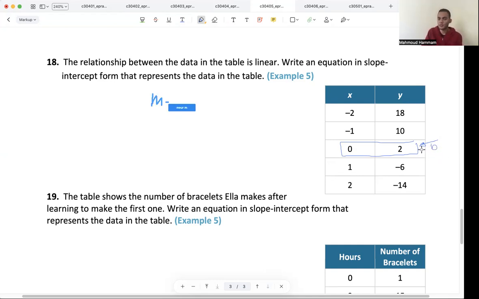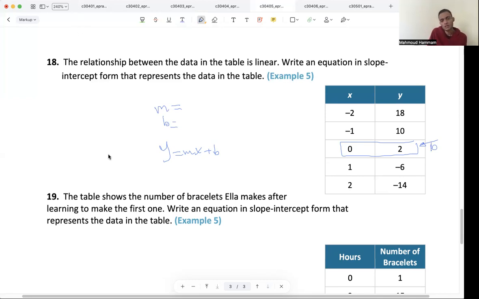I want the m, I want the b, and I also want y equals mx plus b. He wants the equation, right? I need the m, I need the b. Simply the b is, you will just look for x at 0. What is the y? 2. So what is the b? y is 2.